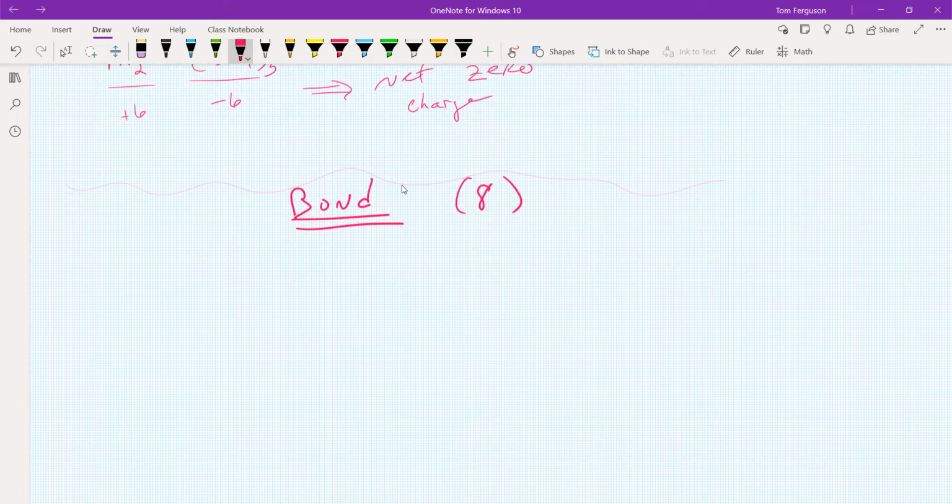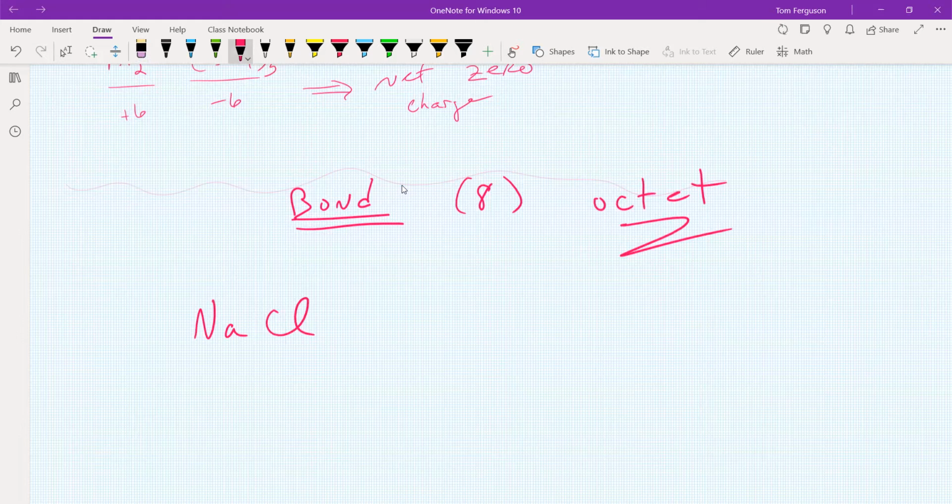People frequently refer to it as the octet rule. Okay, so if we look at sodium chloride, remember I said when it's an ionic compound, an electron is transferred over.